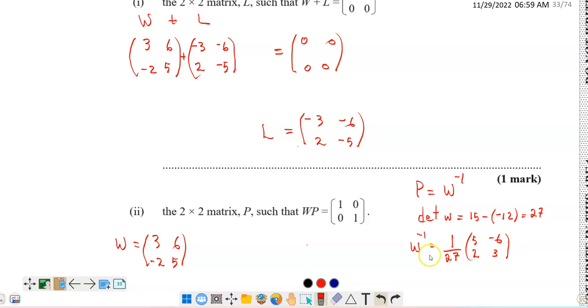So the matrix P is going to be this matrix here. So we can write 5 over 27 as the first element. So the matrix P is going to be 5 over 27, and the next element is going to be minus 6 over 27.